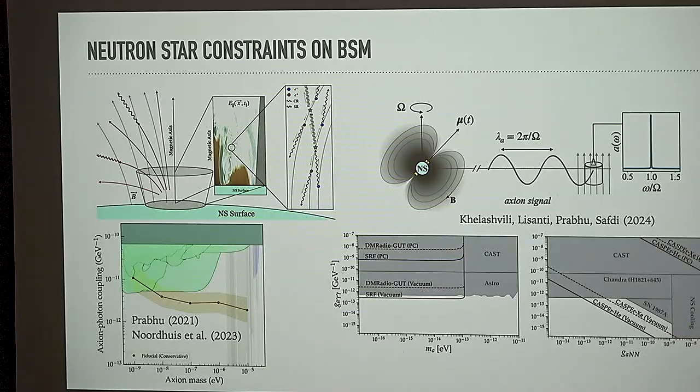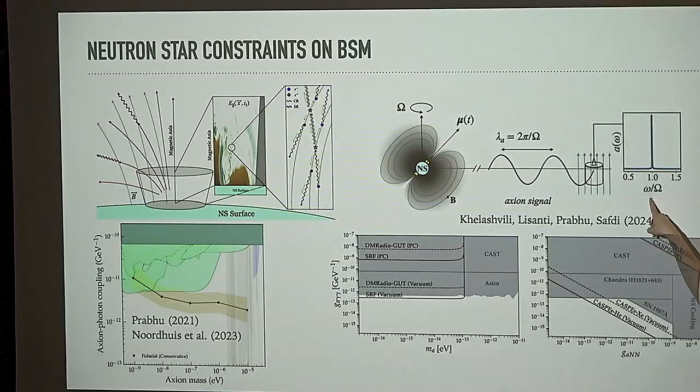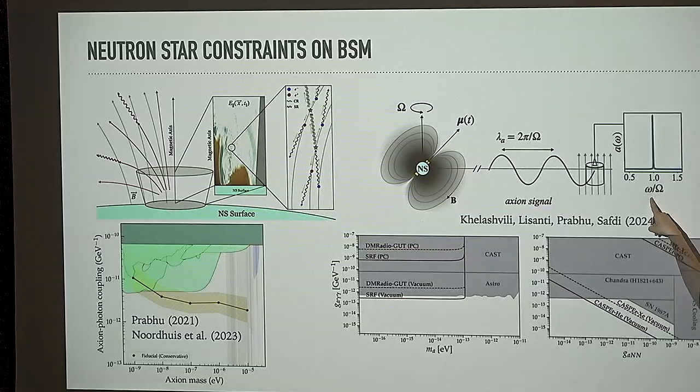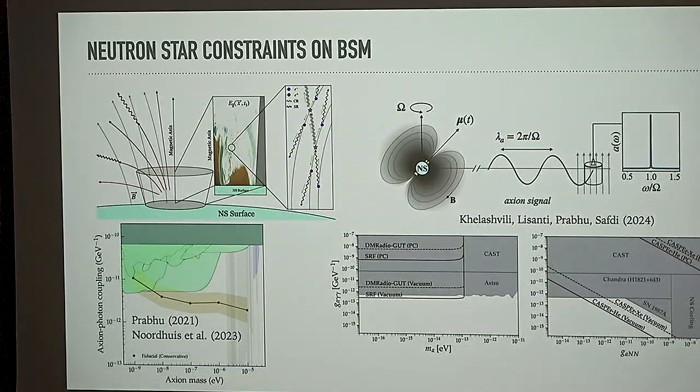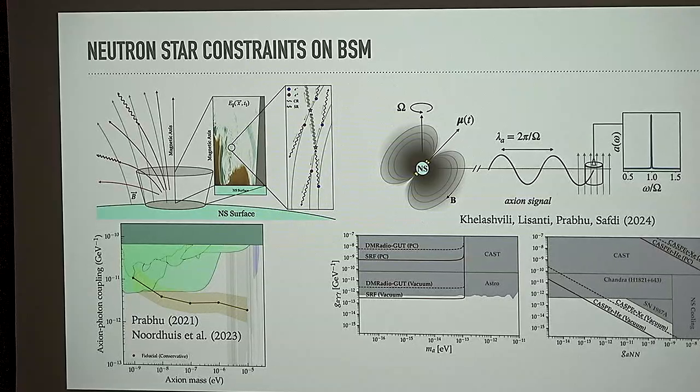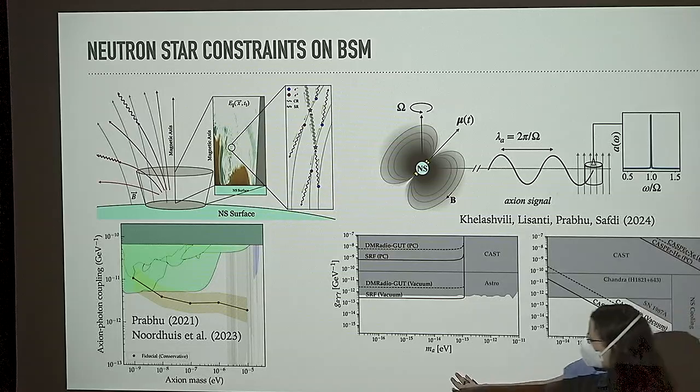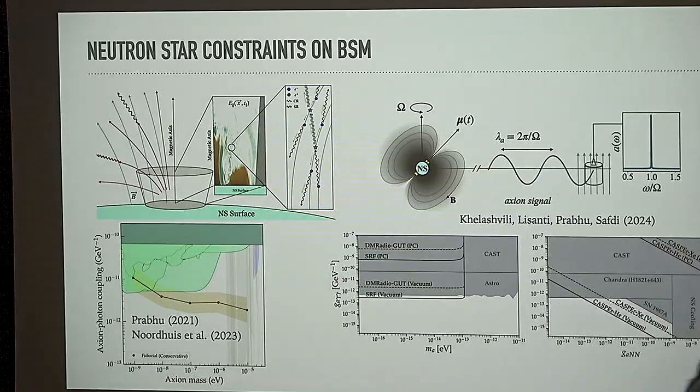And so you're sending these pulses of axions, and you can then try to look for those axions in your lab, and you'll see a very specific frequency in terms of the pulses of axions corresponding to the frequency of the pulsar. Okay, so that's another cool application of this idea. It relies on you having a pretty good terrestrial experiment to try to actually directly detect those pulses of axions. So here are some different projections for that. Pretty cool.